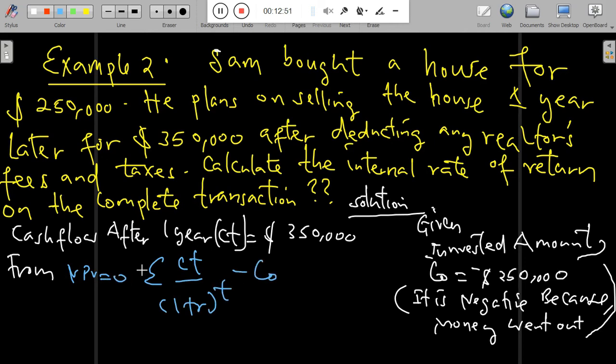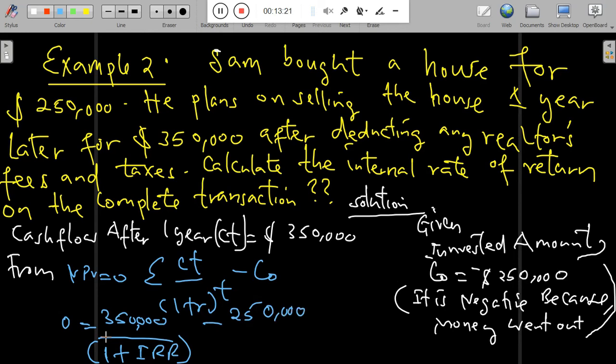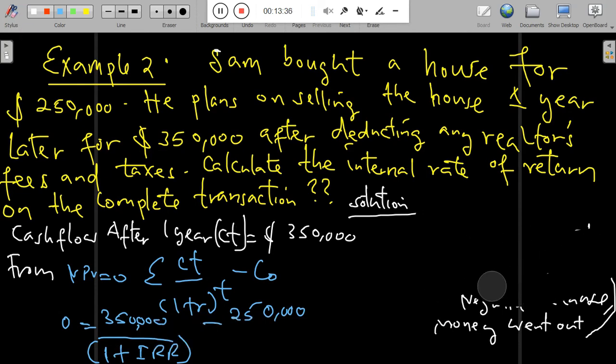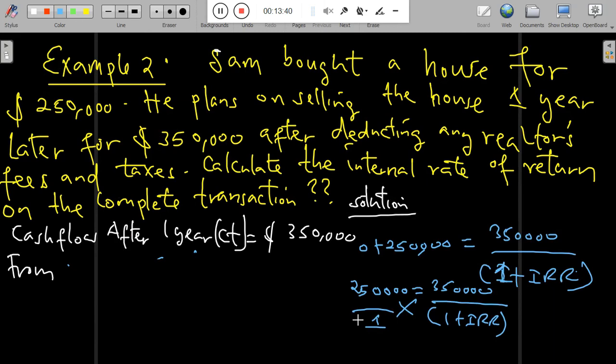We plug in CT divided by (1 plus internal rate of return), so 350,000 over (1 plus IRR), and then minus 250,000. This gives 0 plus 250,000 equals 350,000 over (1 plus IRR). Let's cross multiply to solve for IRR.